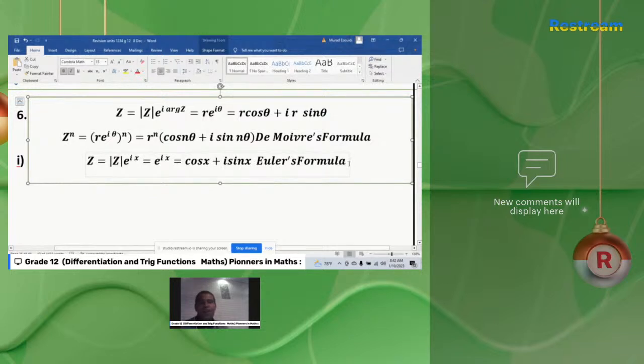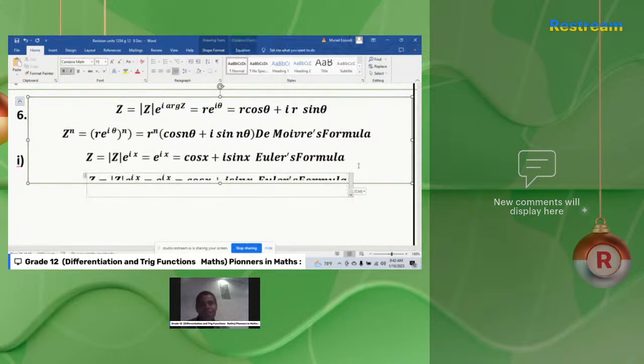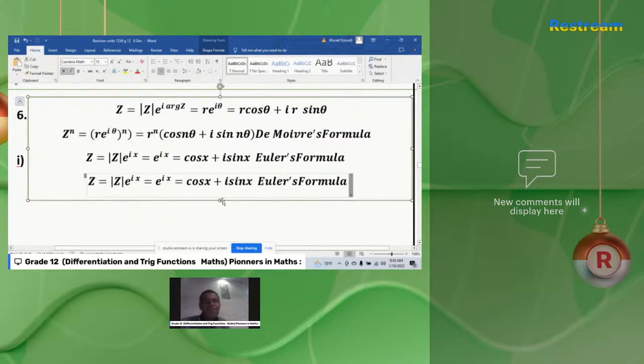And for Euler's formula, I will write this again, learners, to show you Euler's identity. Euler's identity is a particular case, so it's helpful to work with, but in the final exam it will come as find the value of I to the power 4, I to the power 2, and so on. I will just write here e to the I pi.